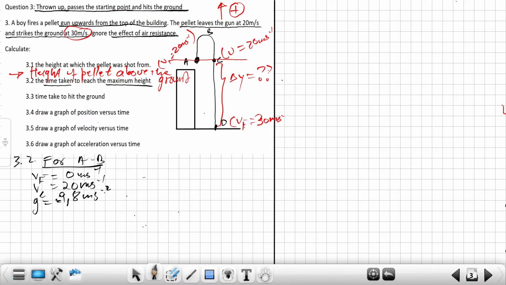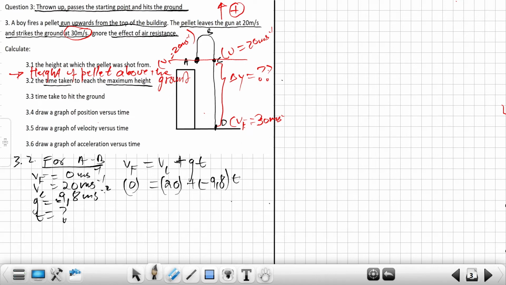Then we can choose the correct formula that has t in it, because we don't have delta y unless you use the delta y that we added into this. Then it will be easy for us to say v final is equal to v initial plus gt, where v final is equal to 0, v initial is 20, plus minus 9.8 t.